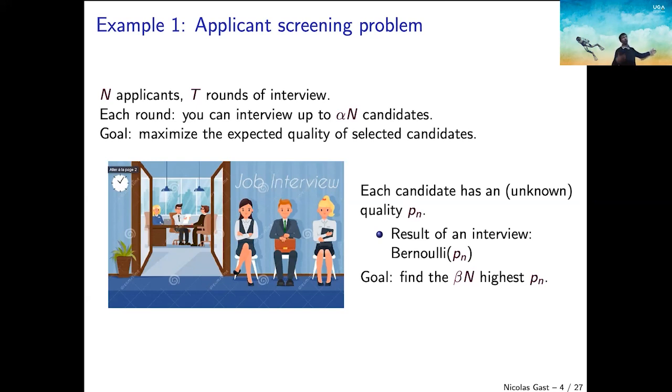When you interview a candidate, if it's a good candidate, it gives a 1 with probability Pn. So the higher Pn, the higher the chance that this person will give a good answer. So you do this round of interviews, and at the end you want to select the best. This problem is difficult because of these n candidates. It's a Markov decision process, but the state becomes pretty large, even for small t.